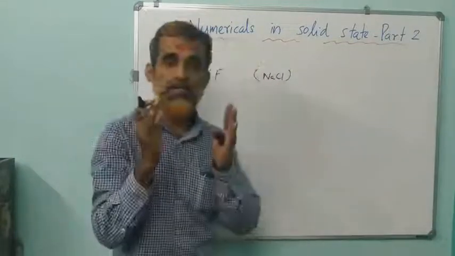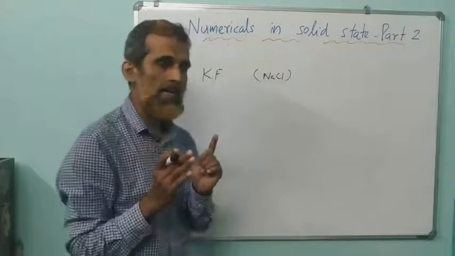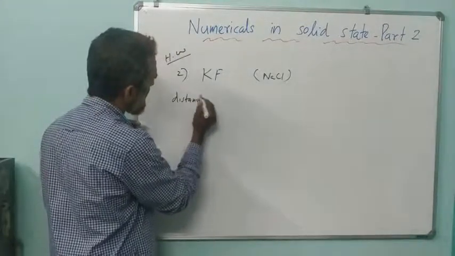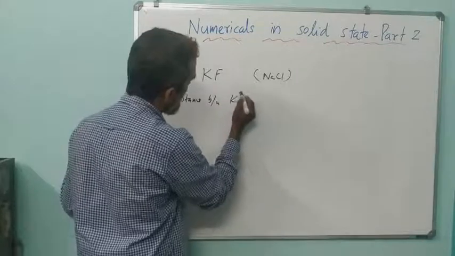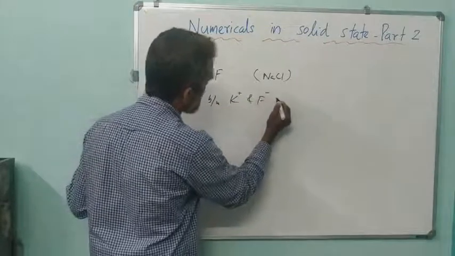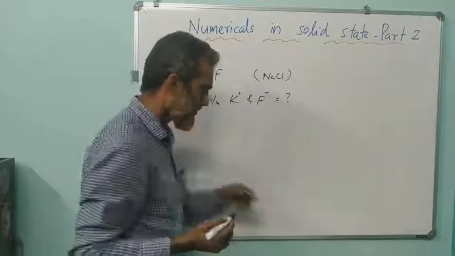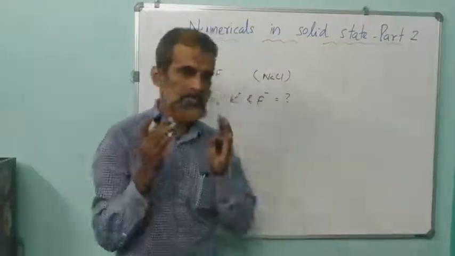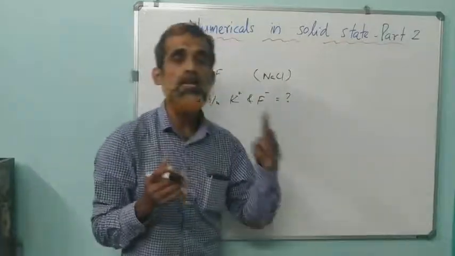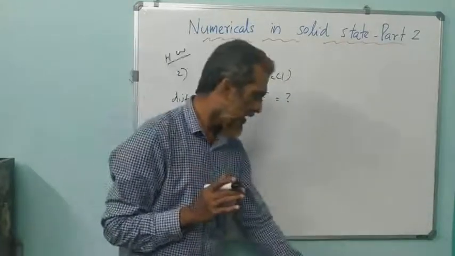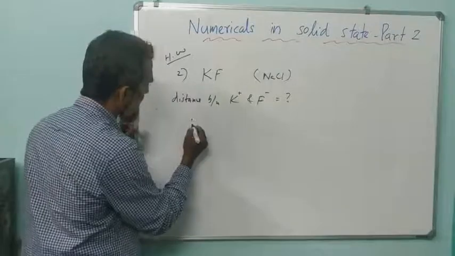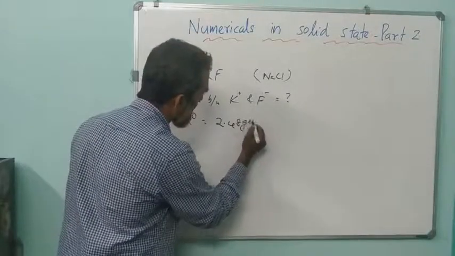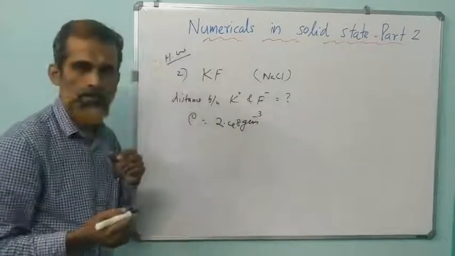What is the shortest distance between K plus and F minus in the KF crystal? The density of KF is given as 2.48 gram per centimeter cube.